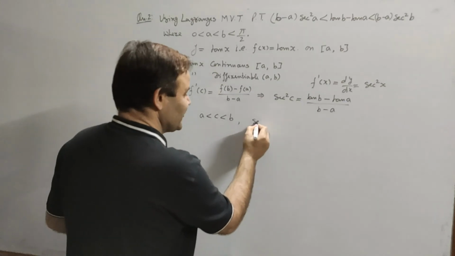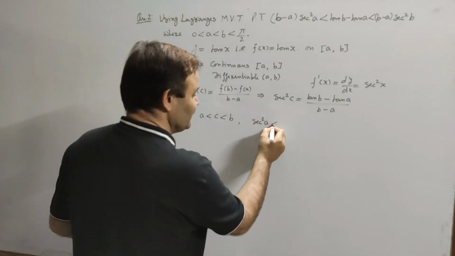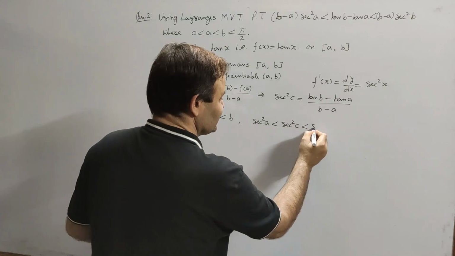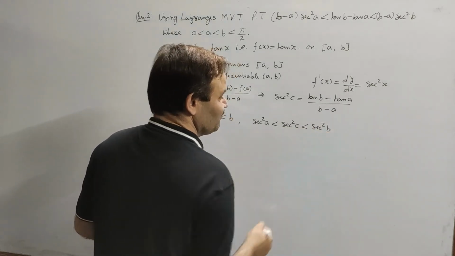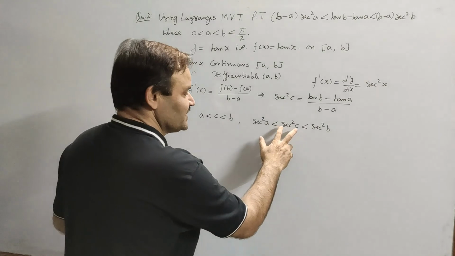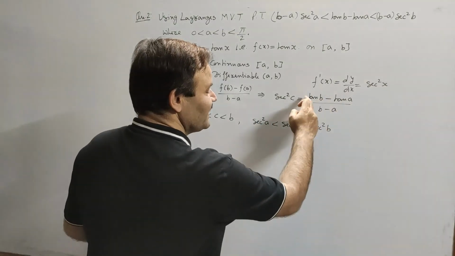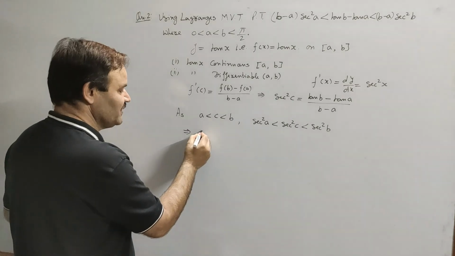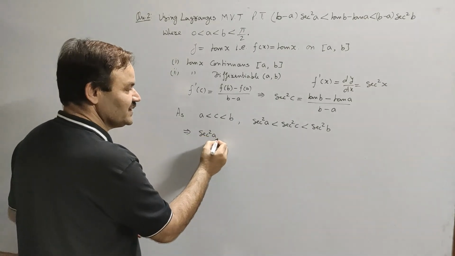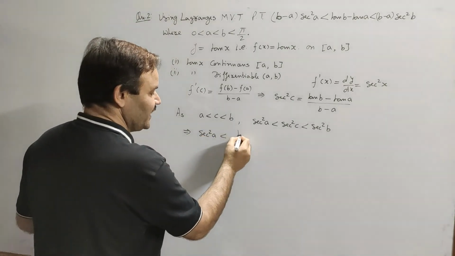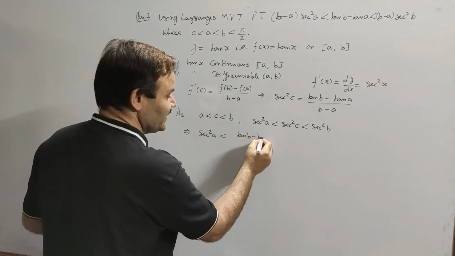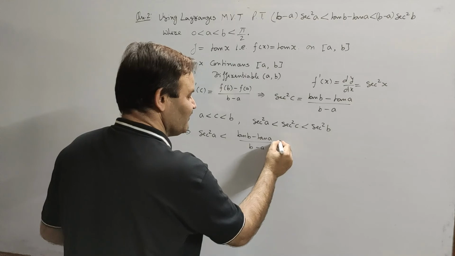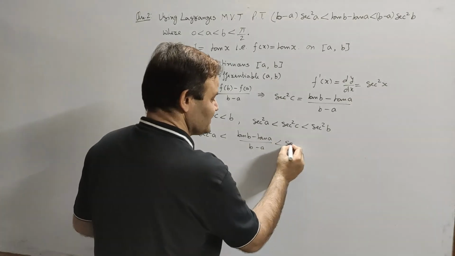It means sec square a will be less than sec square c, which will be less than sec square b. Now sec square c can be replaced by tan b minus tan a upon b minus a. So it will become sec square a less than tan b minus tan a upon b minus a, which will be less than sec square b.